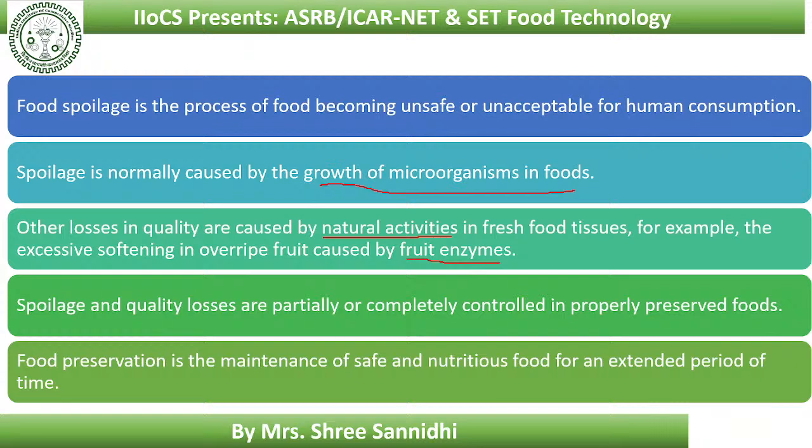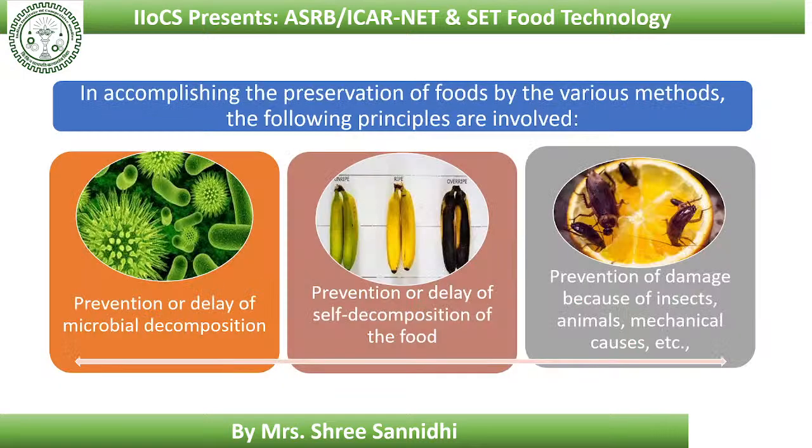So if we properly preserve the food, then we will be able to delay or stop such activities which cause the food spoilage. Let us see various principles behind preserving the food.